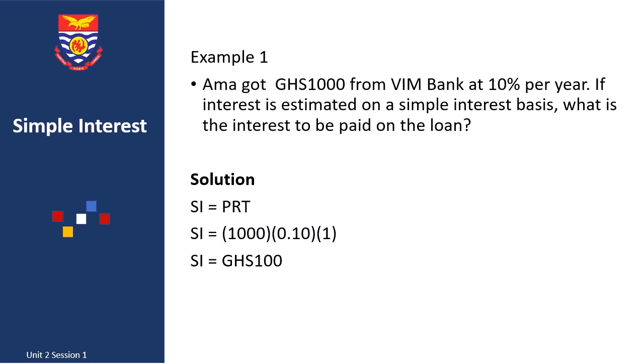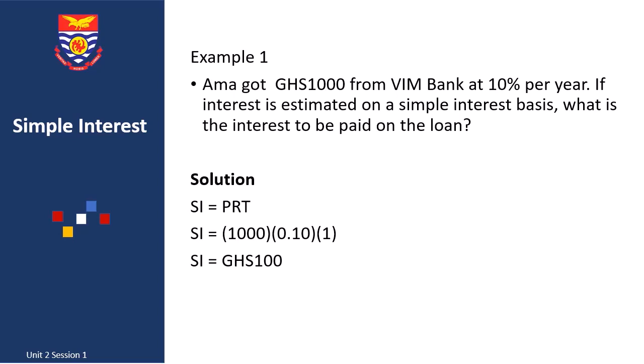To find your simple interest, you just take your calculator: 1,000 times 0.10 times 1. So the simple interest on the loan is 100 cedis. This 100 cedis is the amount that Amma is going to add to the principal amount on the day of repayment. I hope you get it.